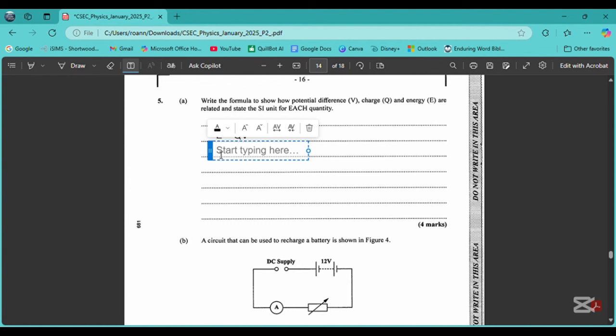E is energy. Therefore, it is measured in joules. Q is charge.